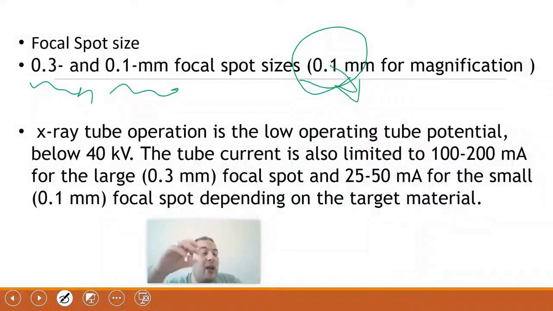If you are working with the 0.1 focal spot size, you should operate at a kilovolt of 25 to 50 milliampere, lowering your milliampere to reduce the heat load on your anode material here.